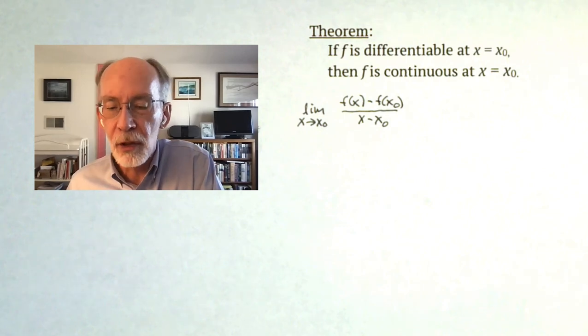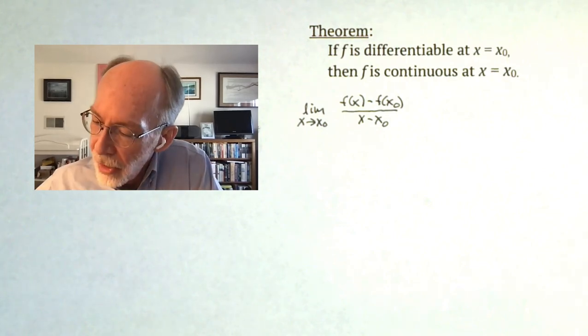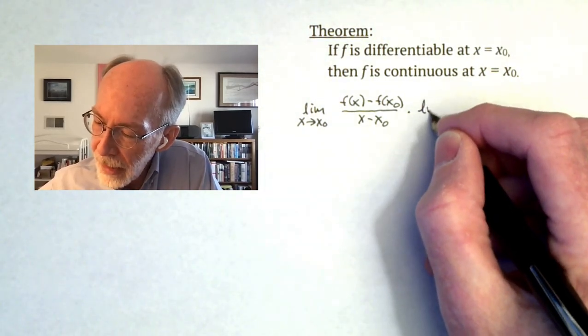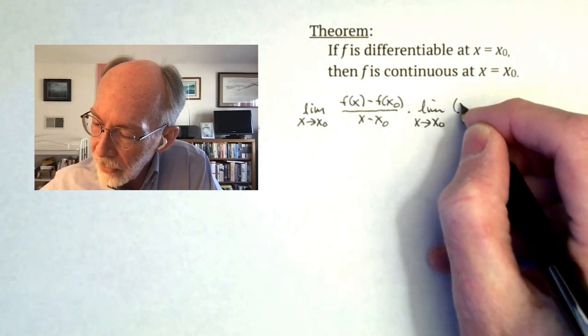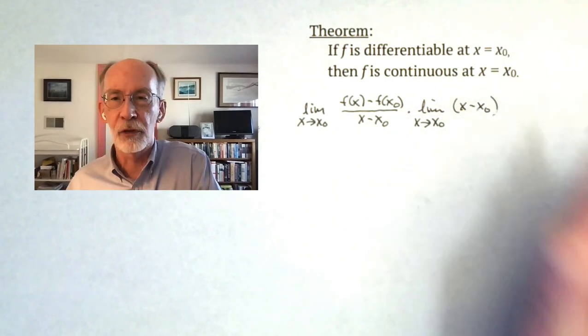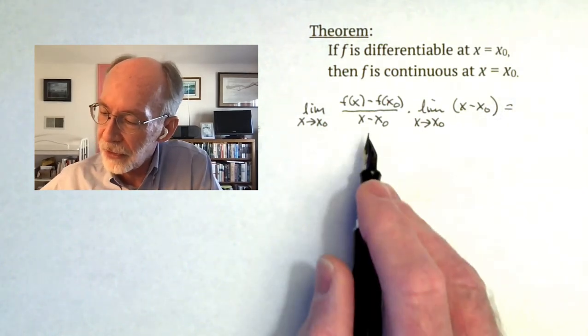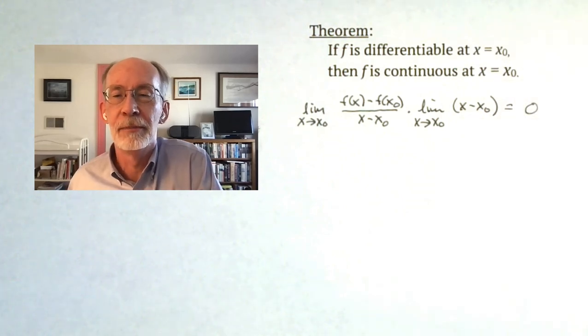If it's a real number, we can multiply it by 0. Only here's how I'm going to write 0. I'm going to write it as the limit as x goes to x naught of x minus x naught. That certainly is the number 0. And whatever this was times this, since that second limit is 0, has got to be equal to 0.